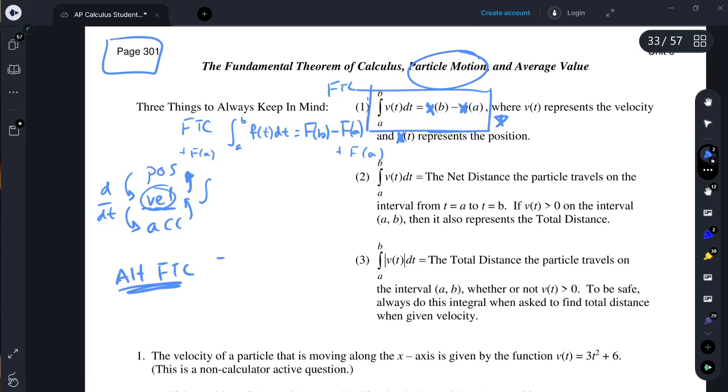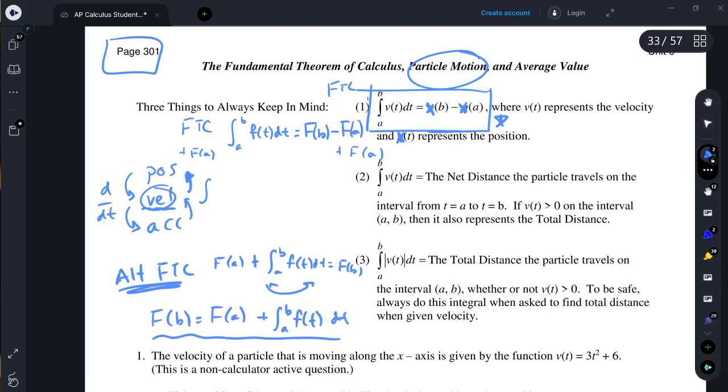So that's f of a plus the integral from a to b of f of t dt equals f of b, and then I just switch sides. So I write f of b equals f of a plus the integral from a to b of f of t dt. I call that the alternate FTC, and I really like that.